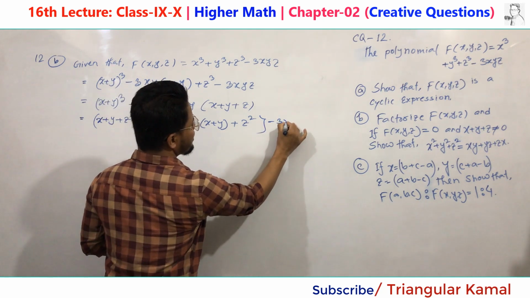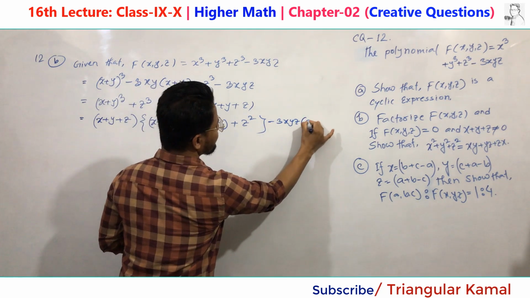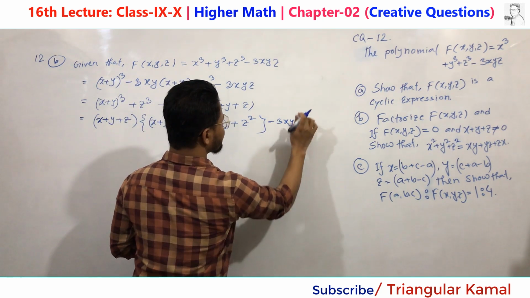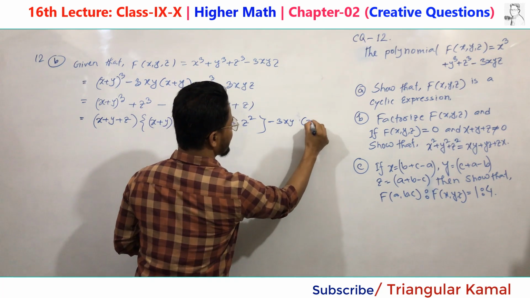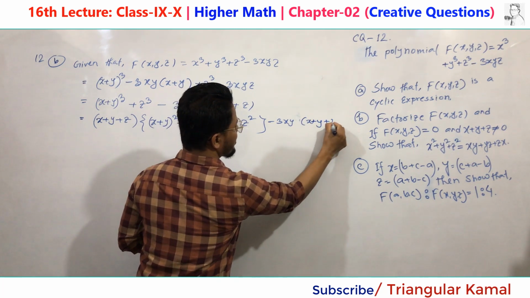Here AB and BA are both the same. And then minus 3xy, and inside the bracket there will be x plus y plus z.